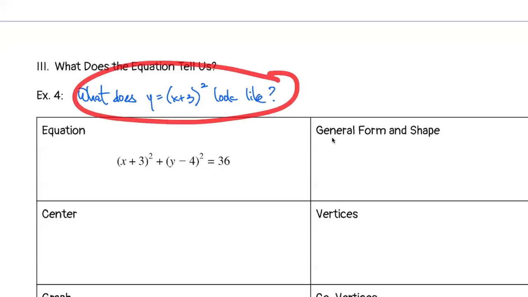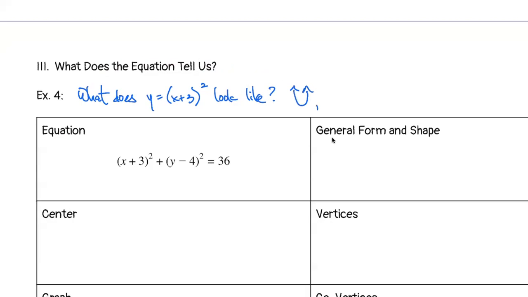A parabola? Yeah, that would be a parabola, right? Facing up or facing down? Up. Because it's positive. Good. The parabola facing up.